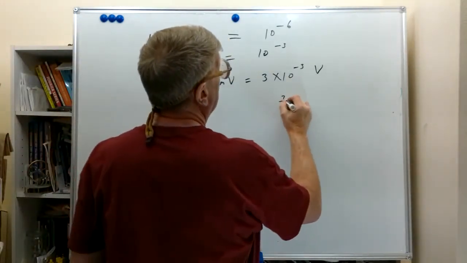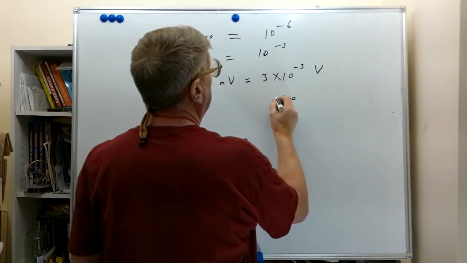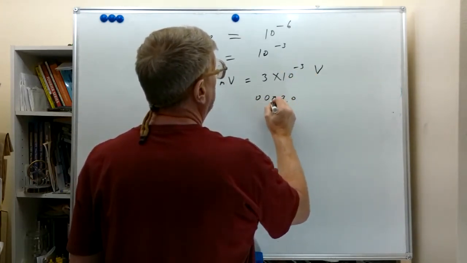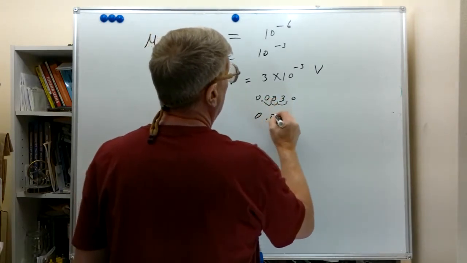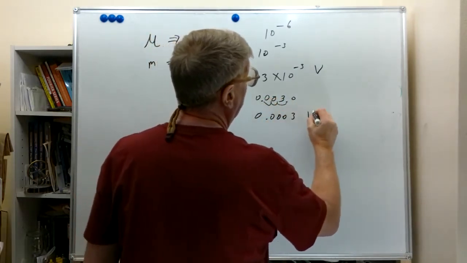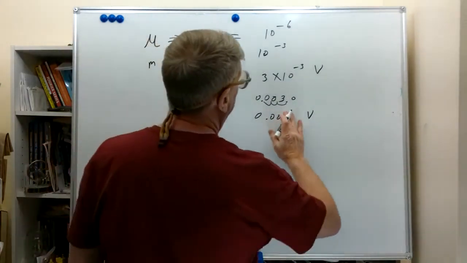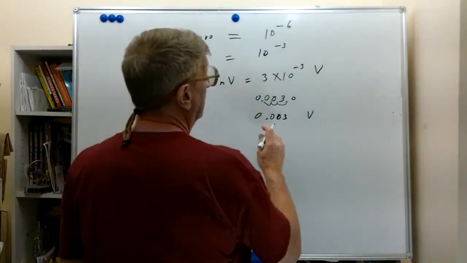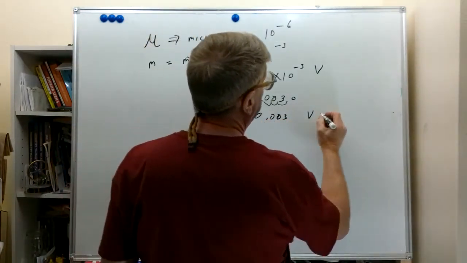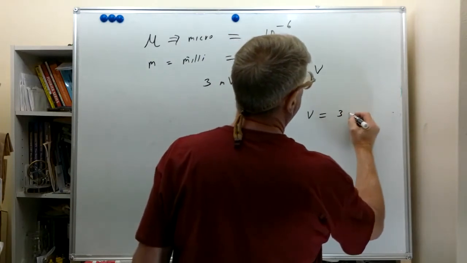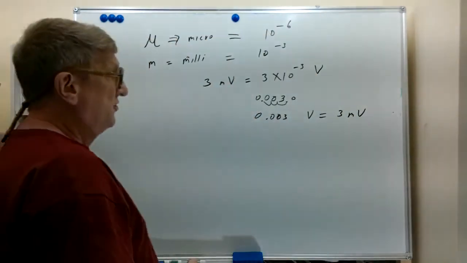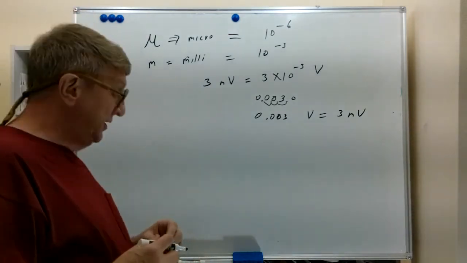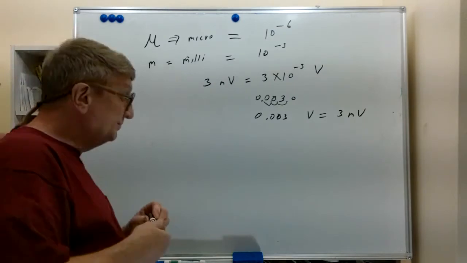By the same thing, we go 3.0 and we move the decimal place 3 places left. 1, 2, 3. We get 0.003 volts. That would be equivalent to saying 3 millivolts. So that's another way we can make smaller units easier to work with.